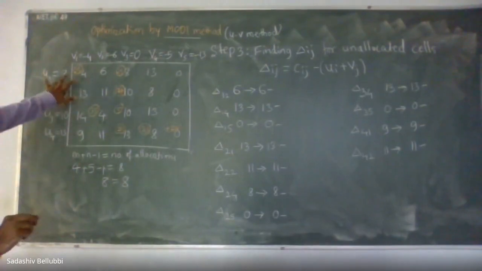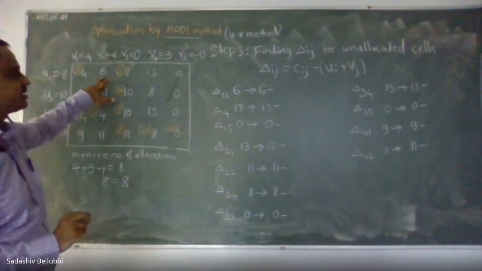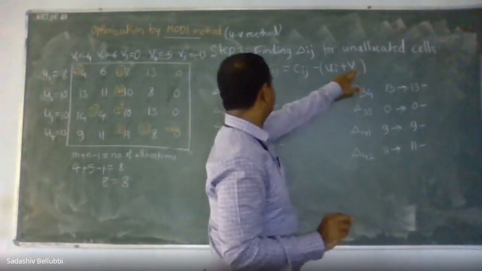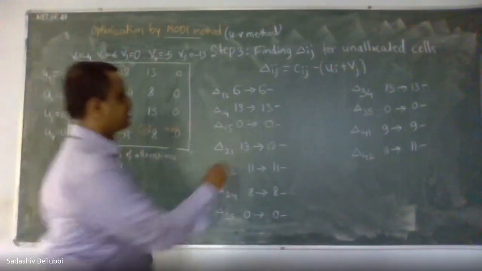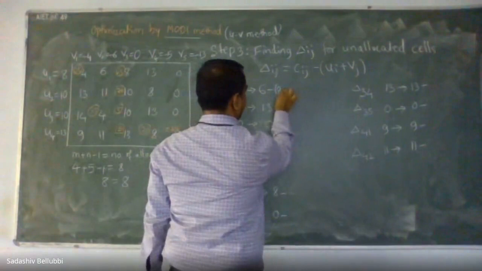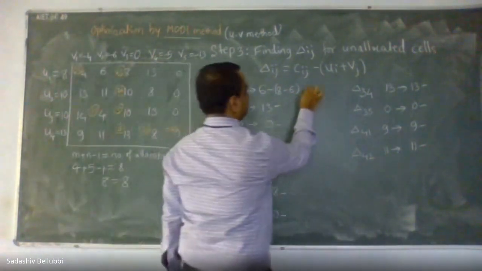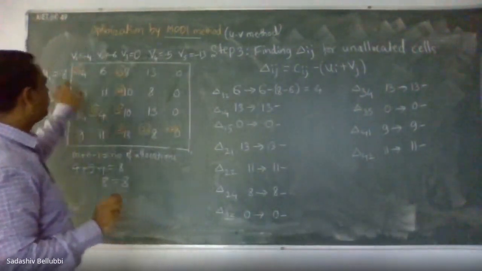Okay, delta 1,2 is 8 minus 6, that is 4, positive. Next one, delta 1,4.